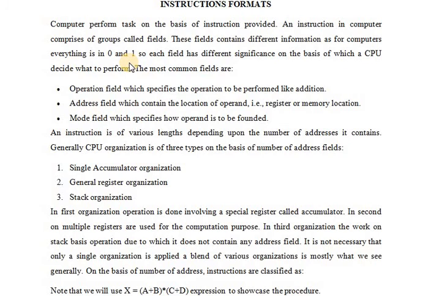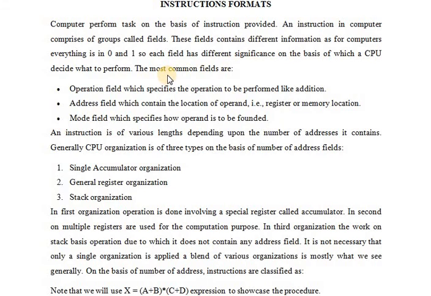Already you know from your DLD studies that a computer understands only machine code. In computer organization also I have already said that a computer understands only machine code, that is zeros and ones, that is binary. So each field has a different significance on the basis of which the CPU decides what to perform.